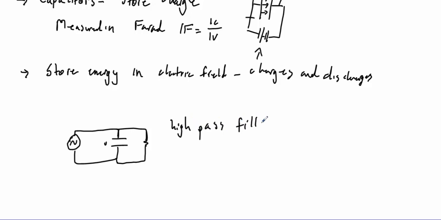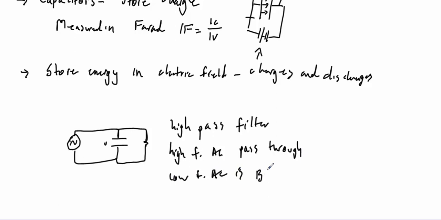What I mean by that is high frequency AC passes through, but low frequency is blocked.